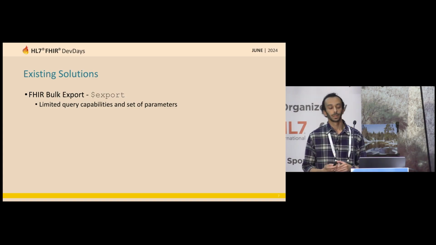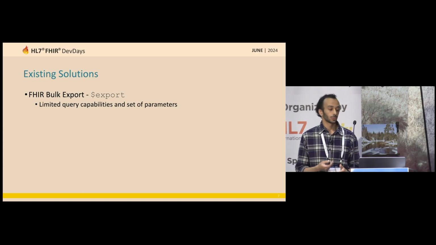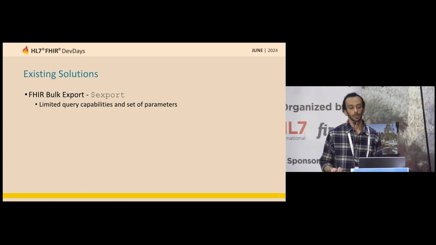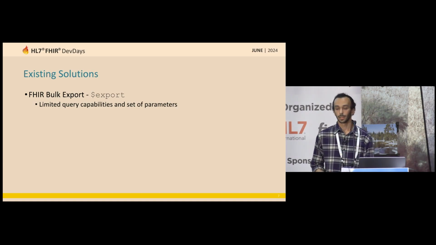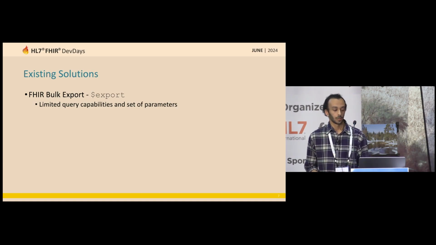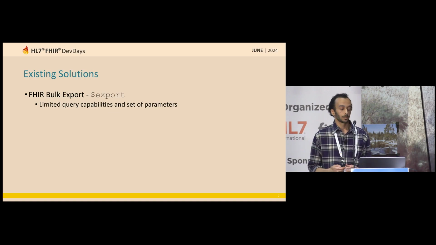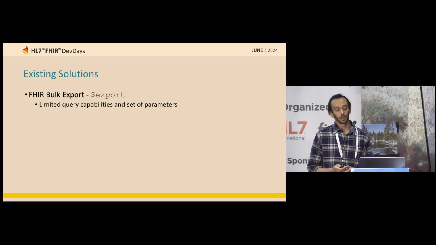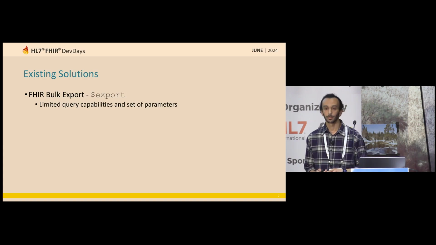So there are many use cases where you're still limited by this. We'll also discuss later why we decided to go with FHIRPath instead of something like FHIR search, a query language, or others. But mainly, FHIR bulk export is not very flexible in terms of offering powerful queries that you are able to run.